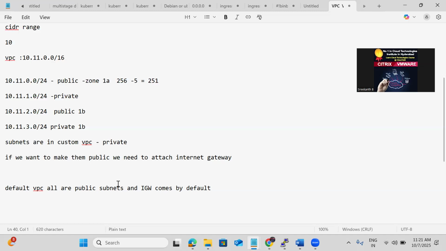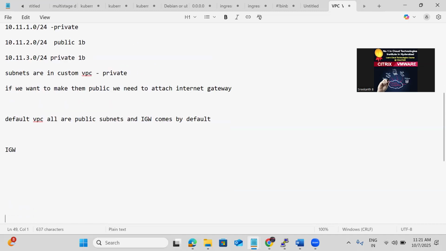So what is the role of the internet gateway? The internet gateway is doing two things.